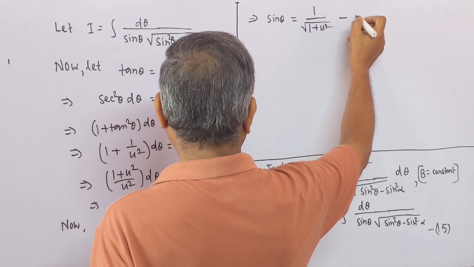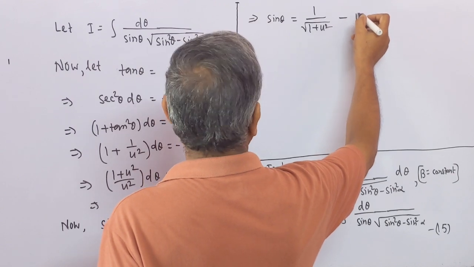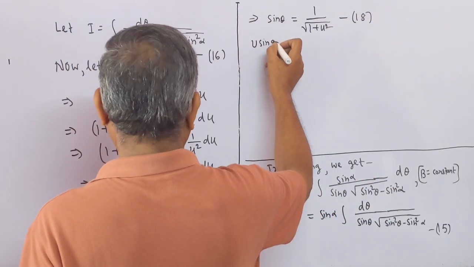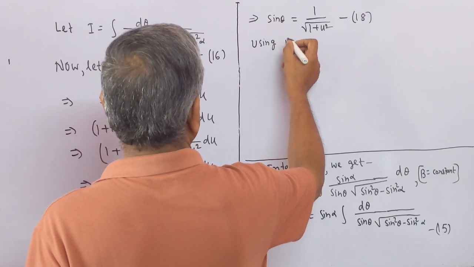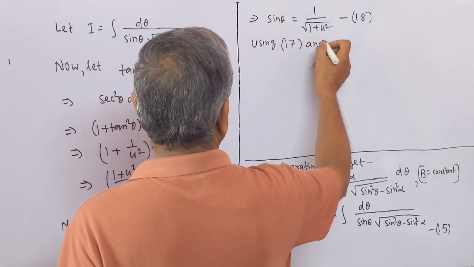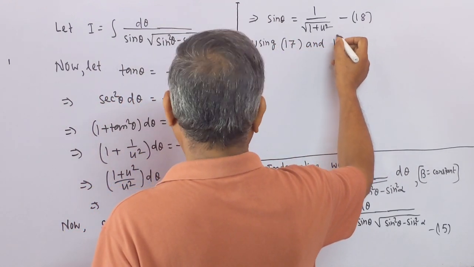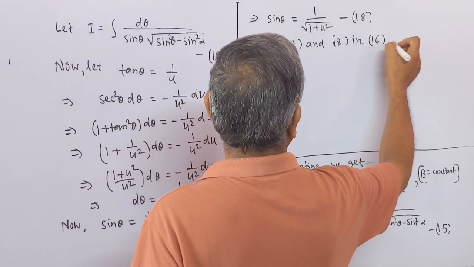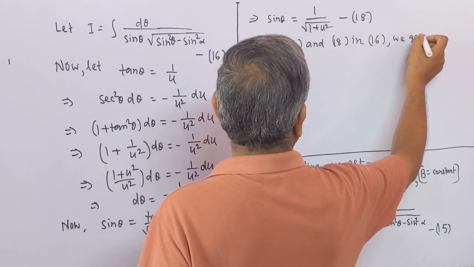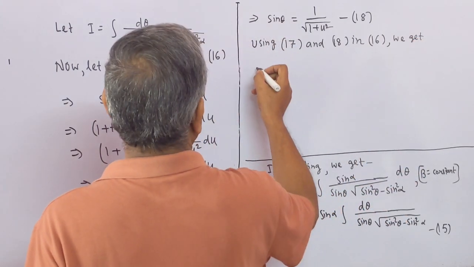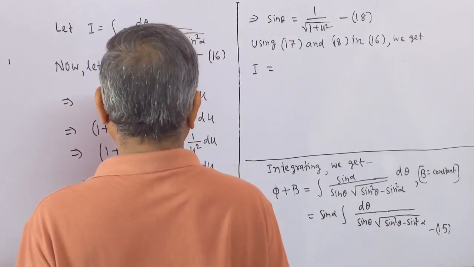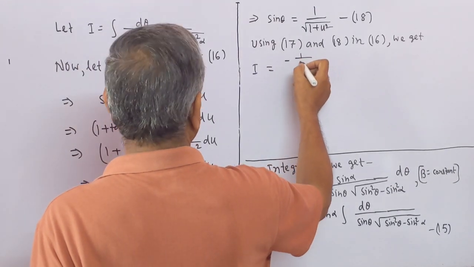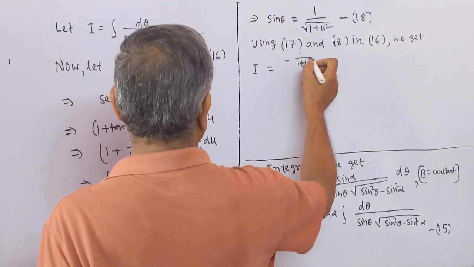This is number 18. Using 17 and 18 in 16, we get I equals, here d theta equals minus 1 by 1 plus u square du.